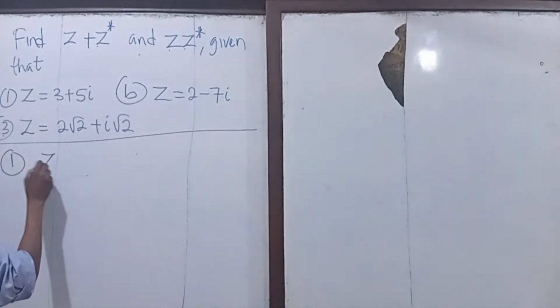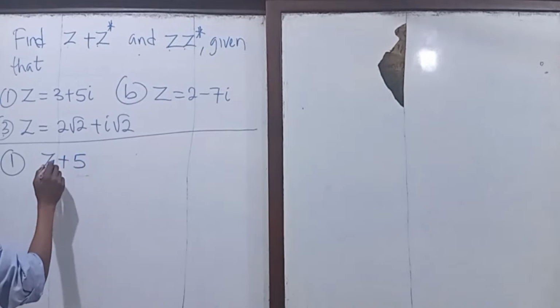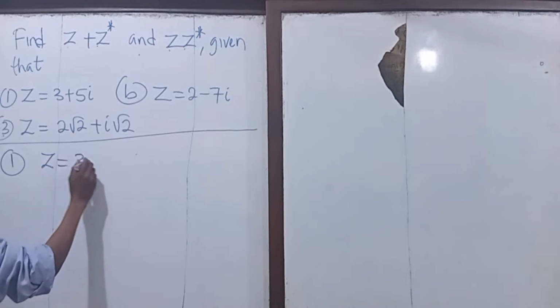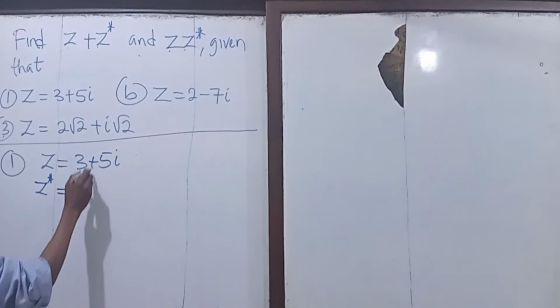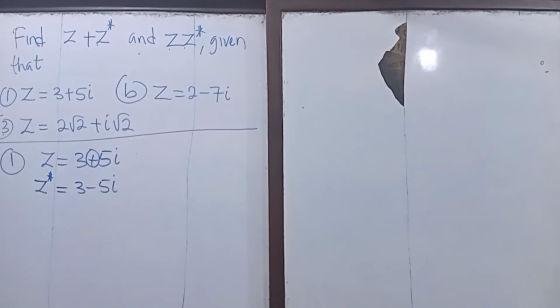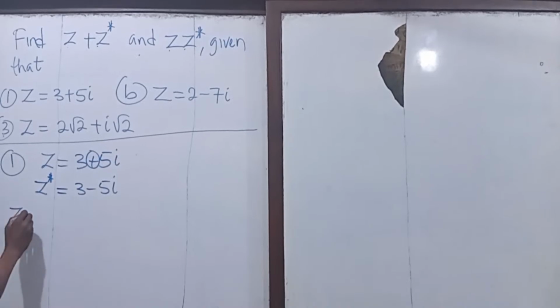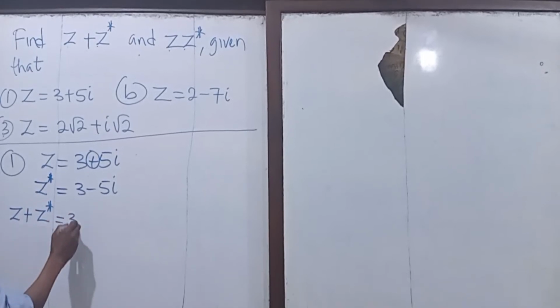The first one, we have z as 3 plus 5i. Okay, let's get its conjugate, which is z asterisk, equal to 3 minus 5i, the sign here will change. Then you can do the addition of the complex number and its conjugate and that will be equal to the real parts.